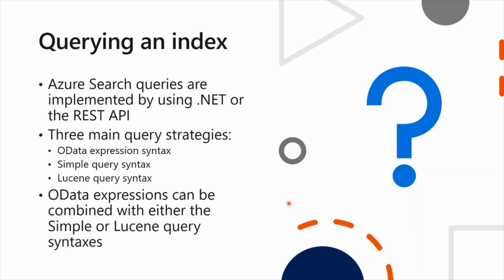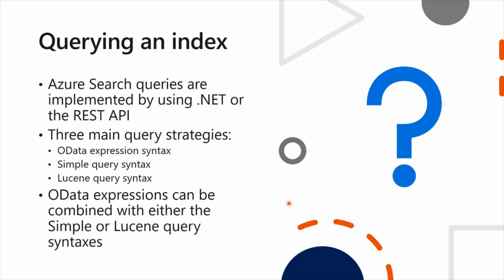A query request is a rich construct specifying which fields are in scope, how to search, which fields to return, whether to sort or filter, and so forth. If unspecified, a query runs against all searchable fields as a full text search operation, returning an unscored result set in arbitrary order.